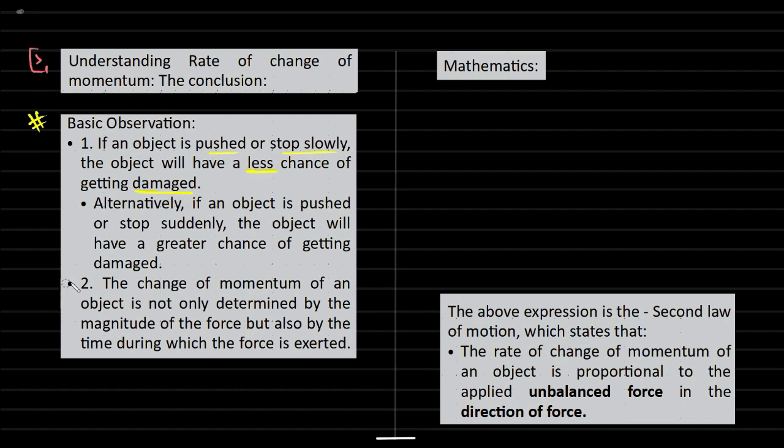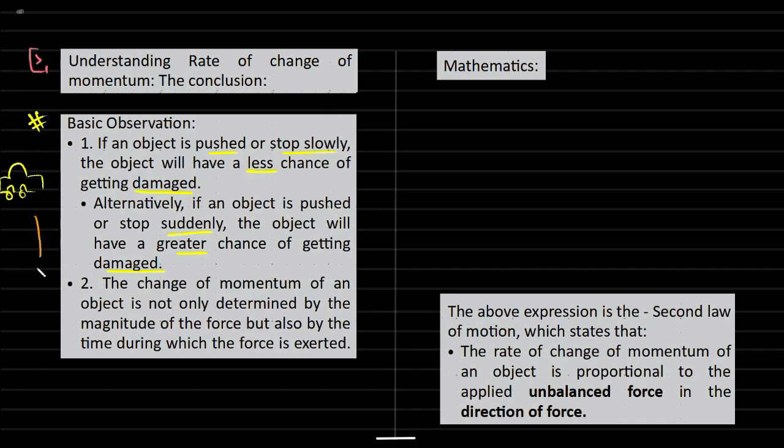That makes sense, right? Alternatively, if an object is pushed or stopped suddenly, the object will have a greater chance of getting damaged. That makes sense. If you have a car and the car happens to stop by braking, nothing happens.